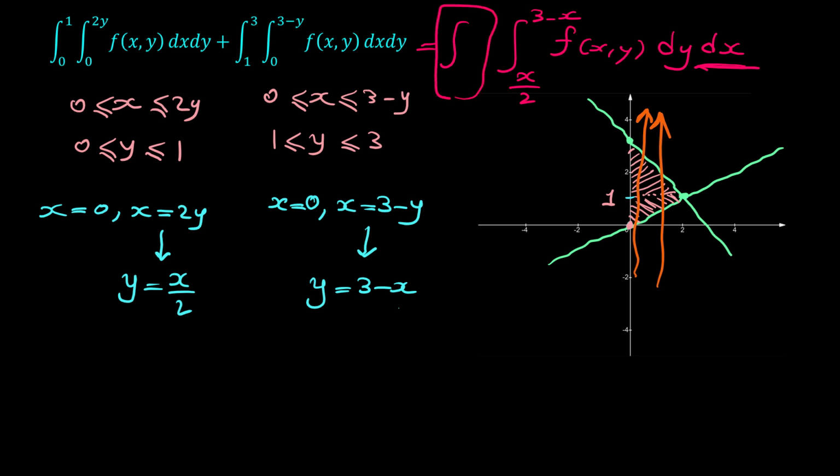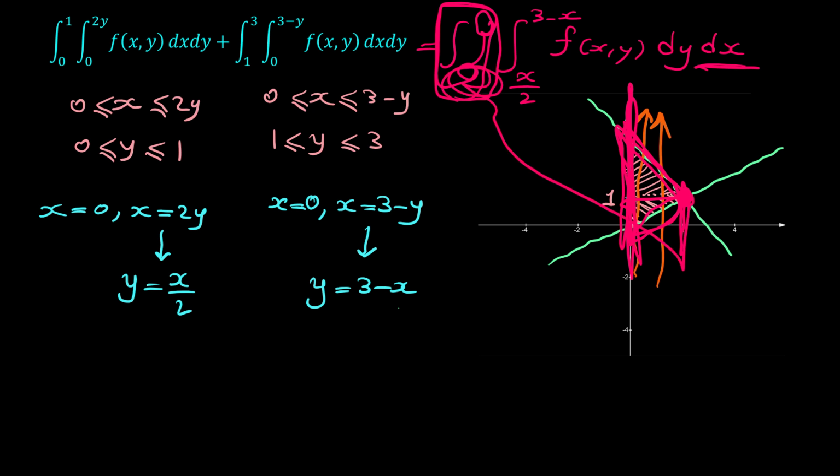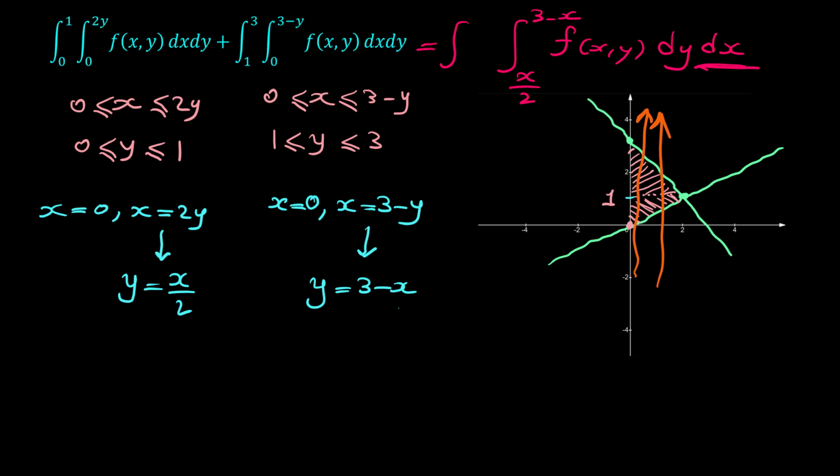Because x is the outer integral, here we have to write numbers. In this triangle, the smallest value of x is 0, and the maximum value of x is at this point, which is 2. So x changes from 0 to 2.